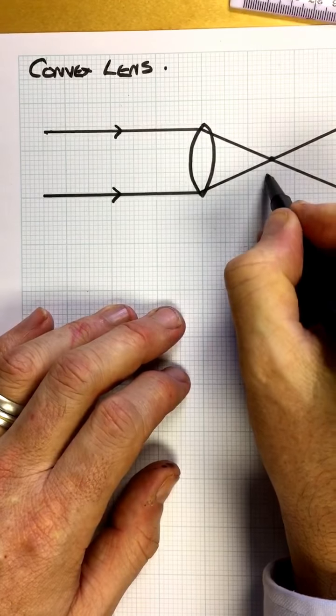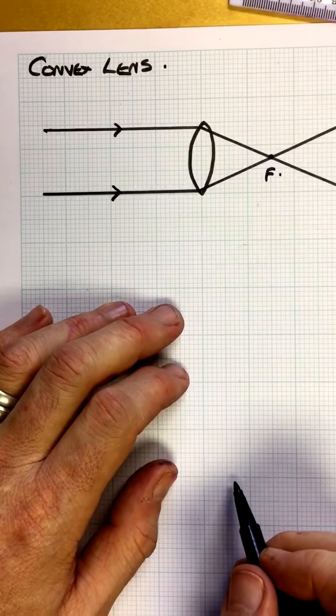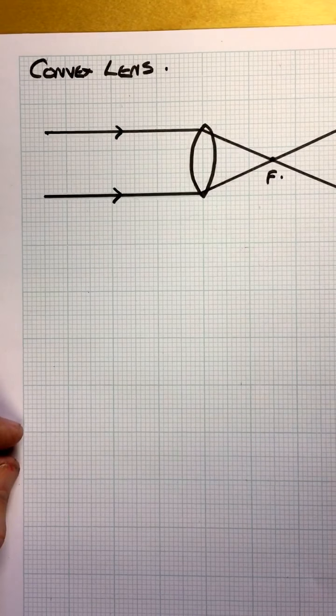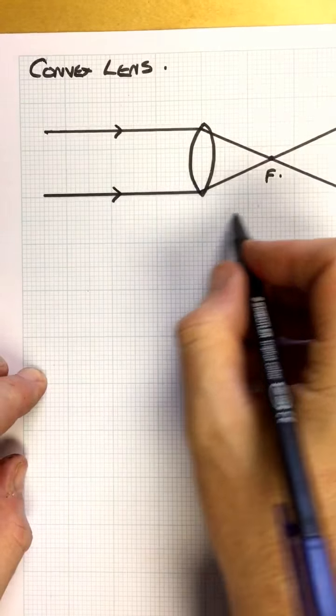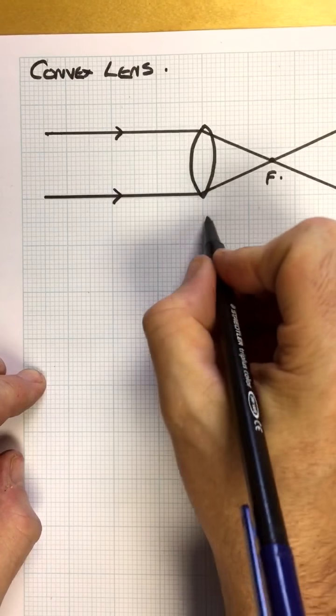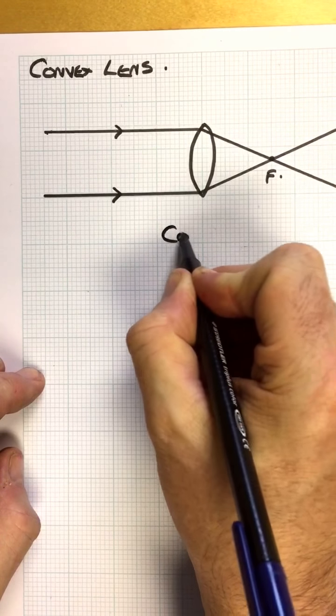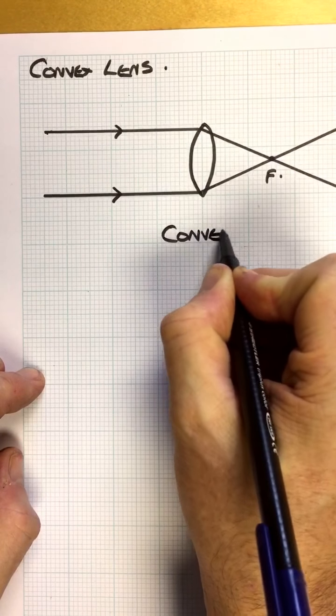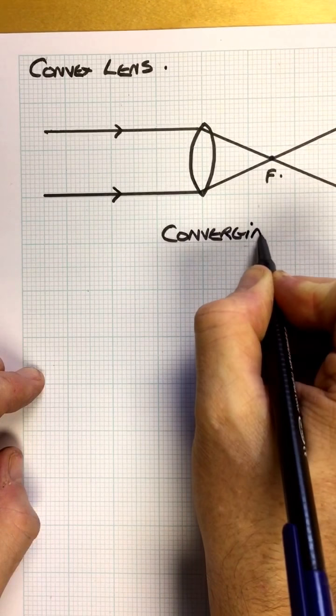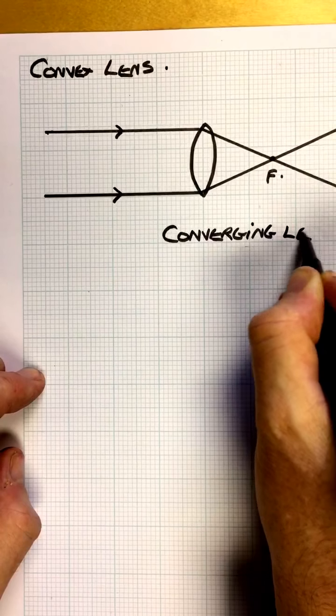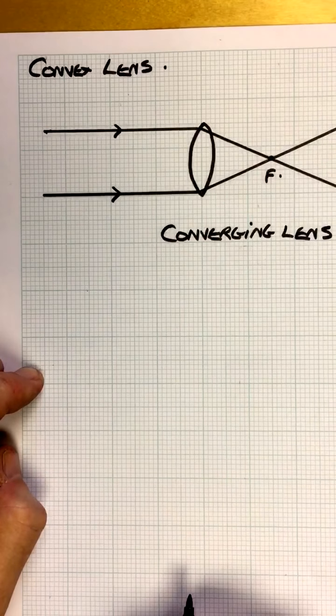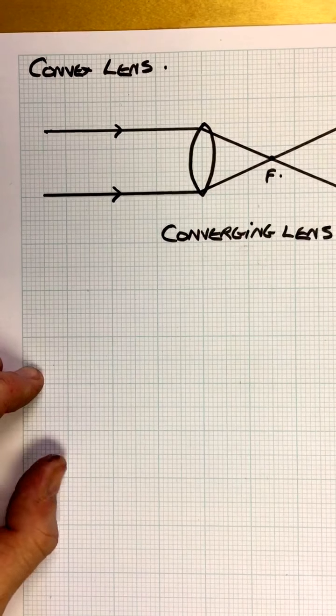And you will see the focal point being written as a little f. So there's our convex lens, which is converging light. It's converging because it's meeting at this point. So it's straightforward enough so far.